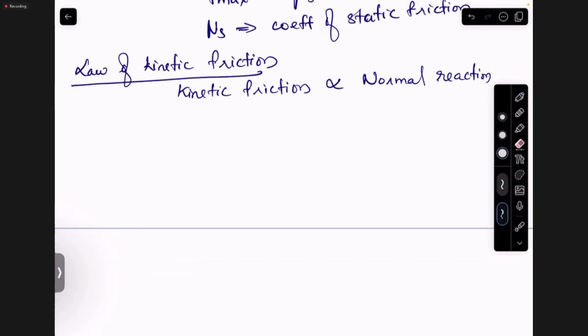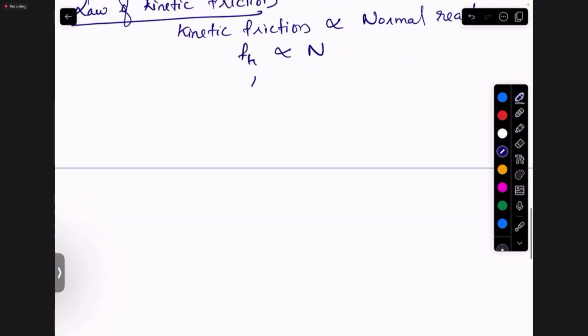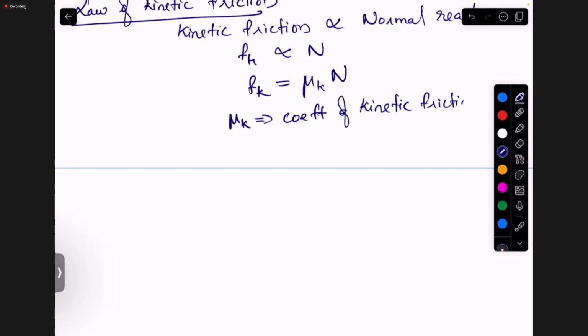So Fk is proportional to N, and changing the proportionality into equality gives a constant of proportion, Fk equal to mu k times N, where mu k is the coefficient of kinetic friction.